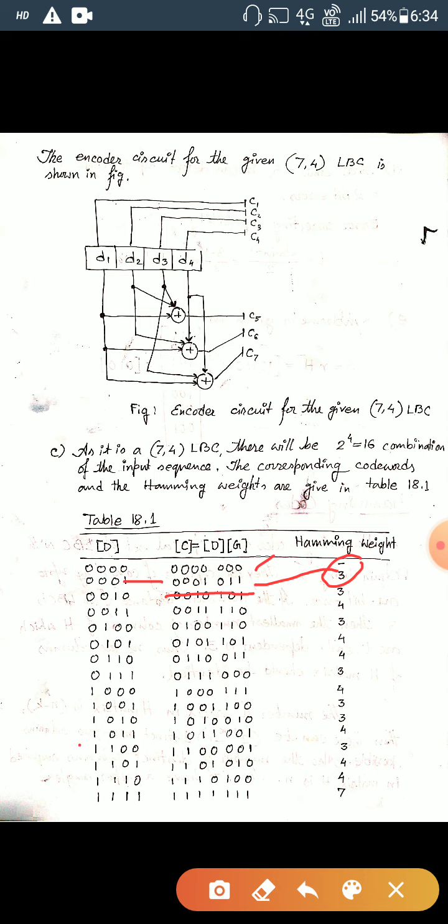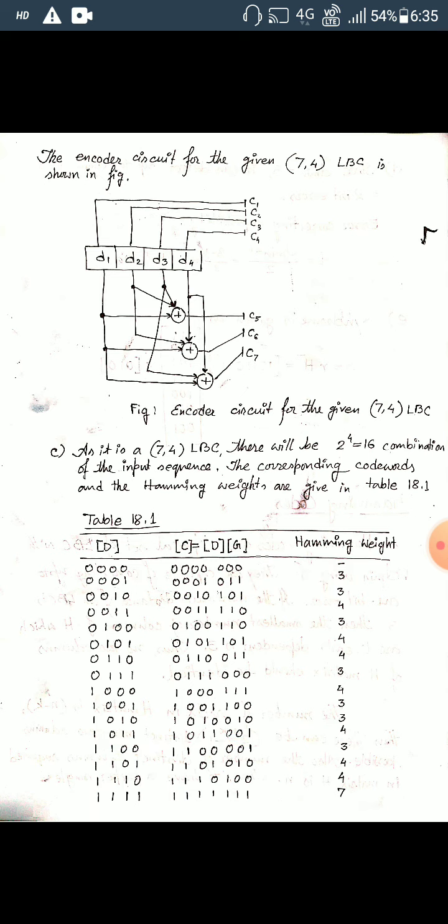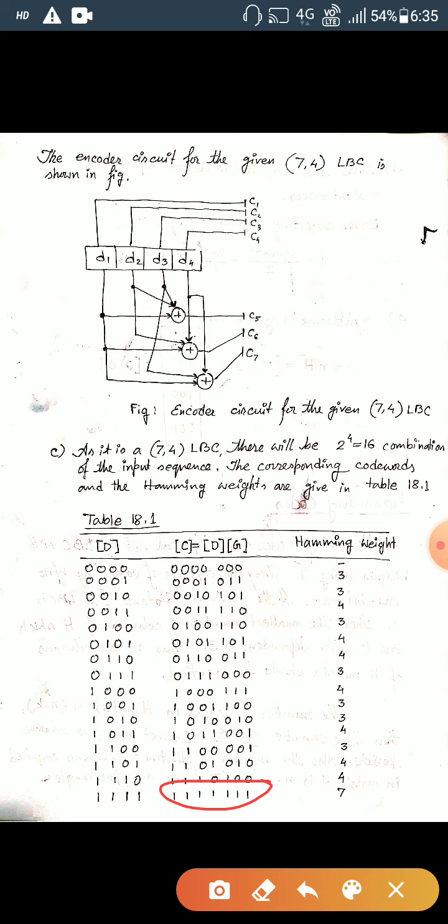If you consider the last one, the number of ones is 7, for the message 1111. So here the number of ones in the code word is a total of 7, so the Hamming weight is 7.